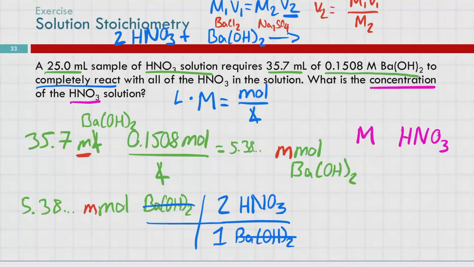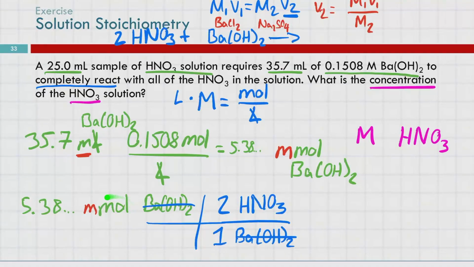So we end up multiplying by 2. This is one of those cases where if you use the M1V1 equals M2V2, you get it wrong, because it doesn't take into account this 2. So this gives us millimoles of HNO3.